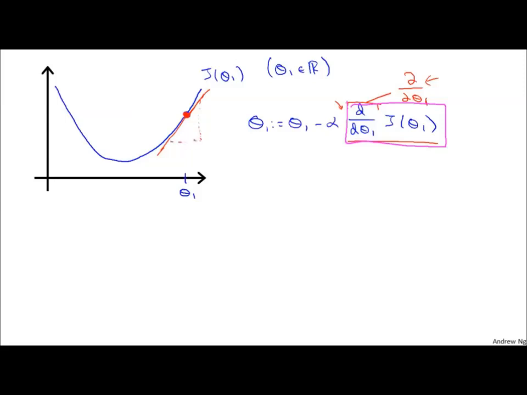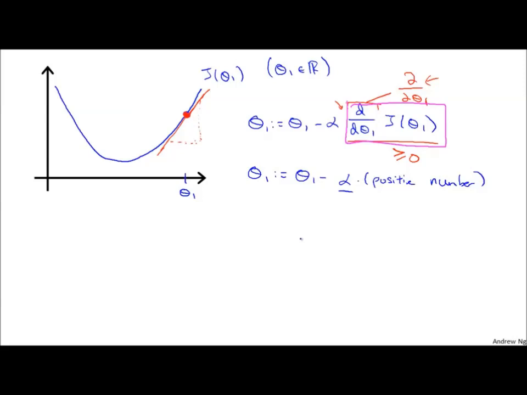Now, this line has a positive slope, so it has a positive derivative, and so my update to theta 1 is going to be theta 1 minus alpha times some positive number. Alpha, the learning rate, is always a positive number.